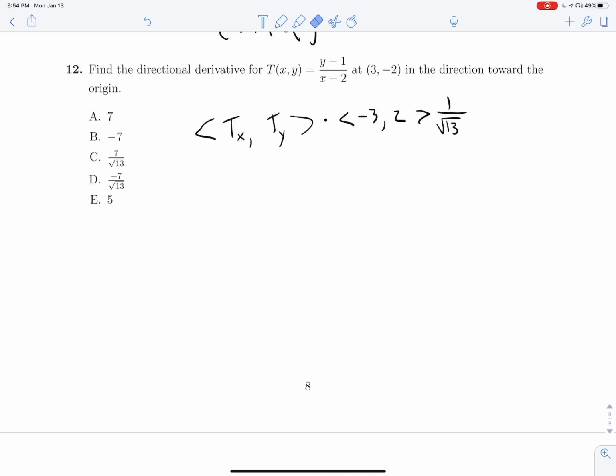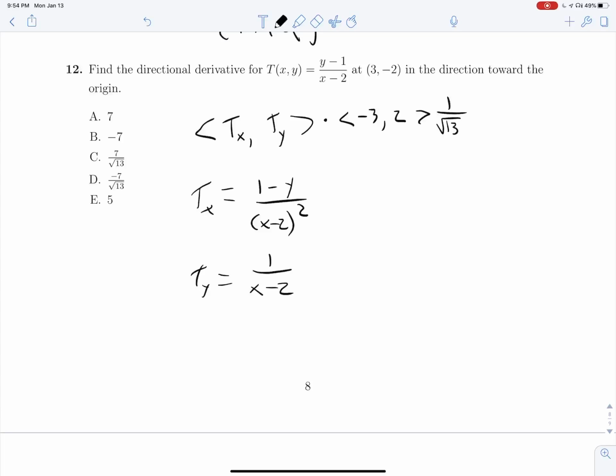Now finally finding Tx and Ty should be pretty easy. Tx will be 1 minus y over (x minus 2) squared, and Ty is going to be 1 over x minus 2.